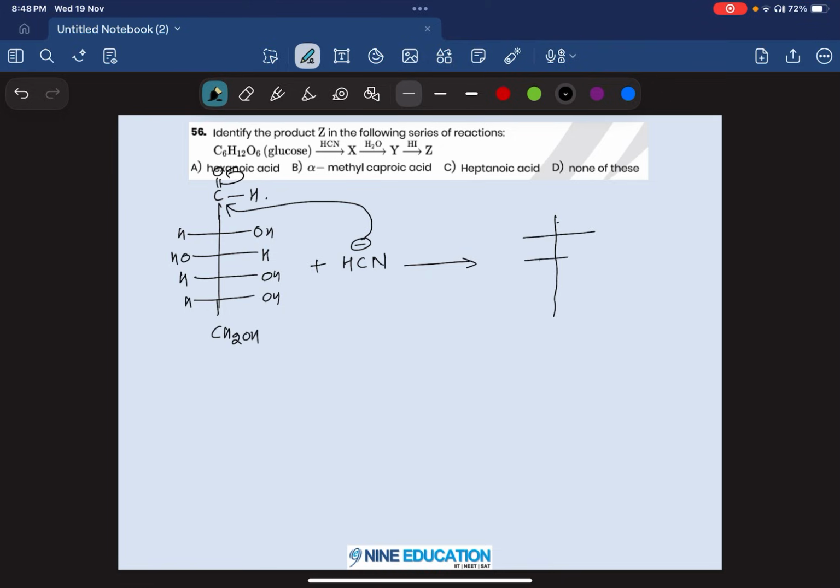All others remain as they are, nothing changes. Only the carbonyl group reacts, and you get cyanohydrin as the product, CHOH and CN, C triple bond N. This is what is formed.